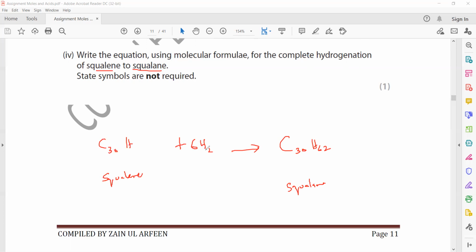So C30H50 should be the molecular formula for squalene, because C30H50 reacted with 12 hydrogen to form C30H62, which is squalane.